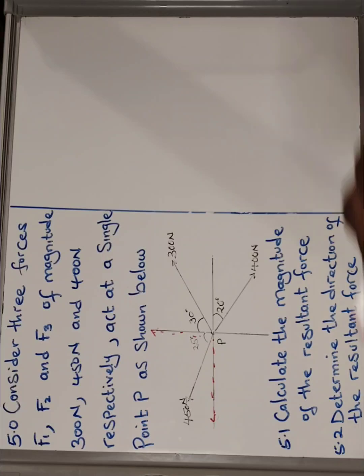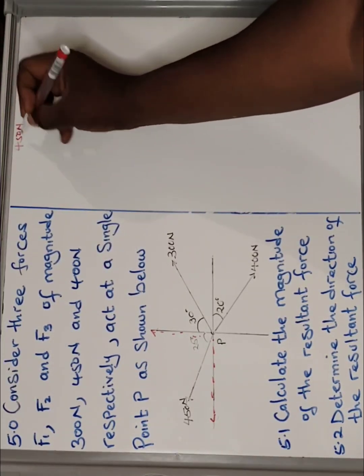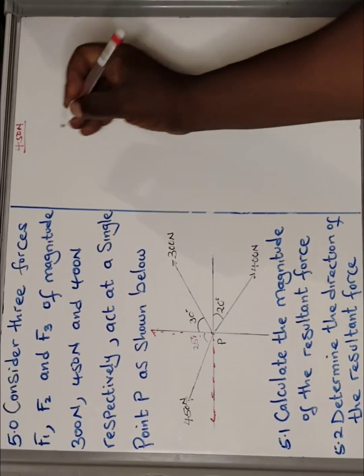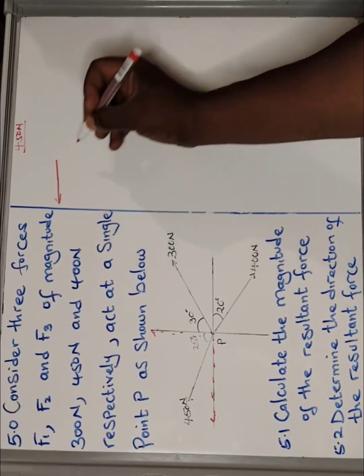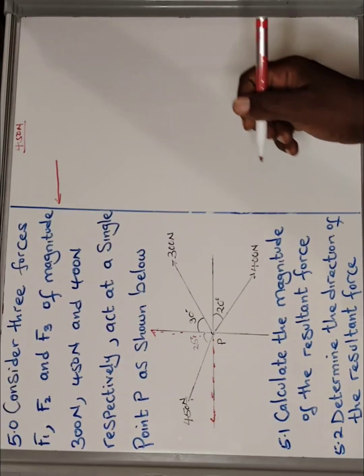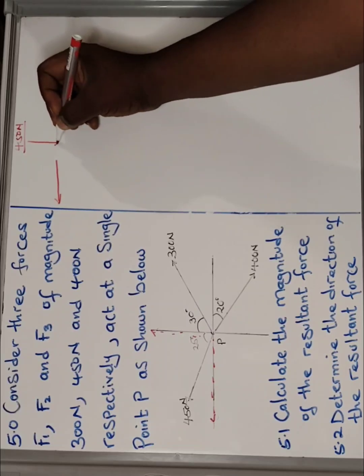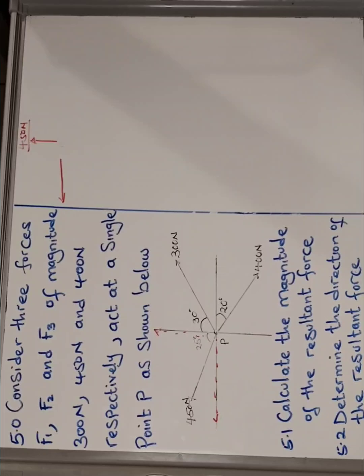So first of all, let us look at 450 newtons. What are the components? Remember, the component next to the angle is a cos.